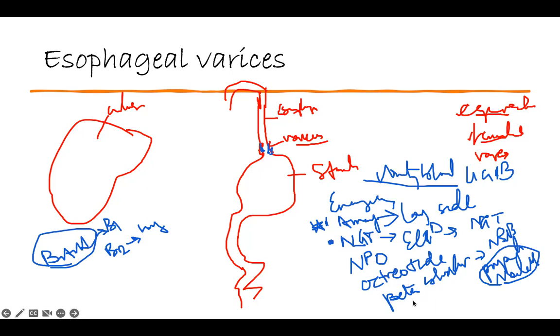And so they can decrease blood flow through the GI tract. These patients also need a PPI to decrease acid secretion. So this is a select or apply in terms of a patient who comes in with an upper GI bleed due to esophageal varices. Of course, this patient will need blood, type and cross, and transfusion.